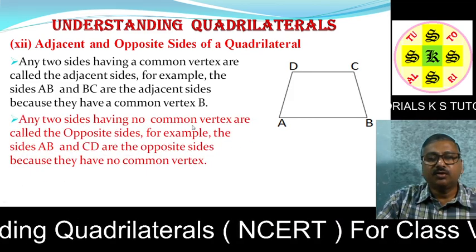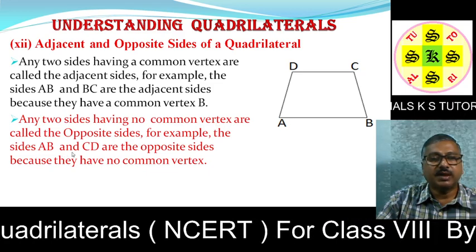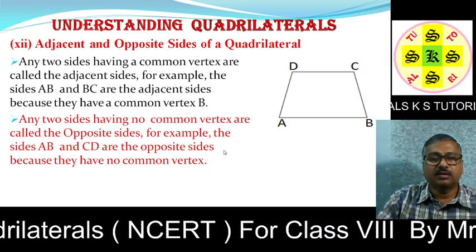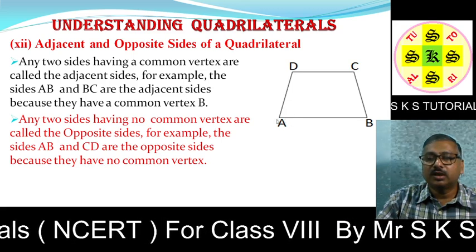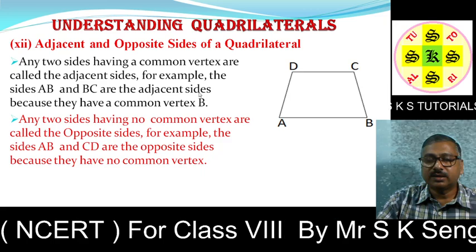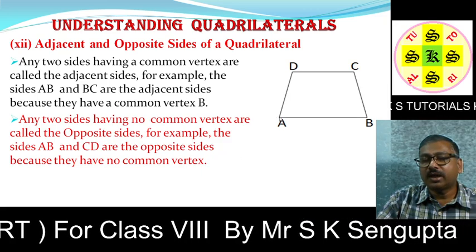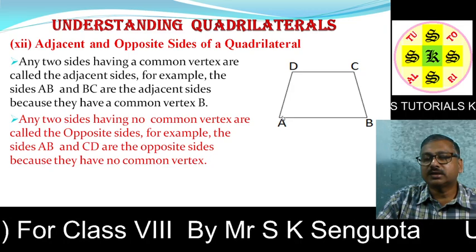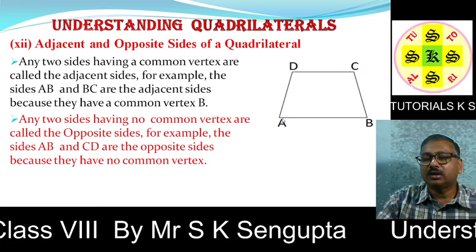Any two sides having no common vertex are called opposite sides. For example, the sides AB and CD are opposite sides because they have no common vertex. Now, one thing is adjacent sides, another is opposite sides. If they don't have any common vertex, then they are known as opposite sides.